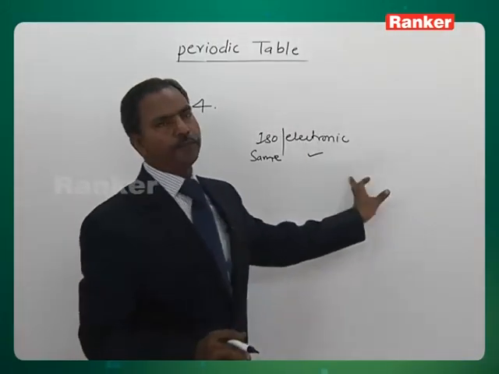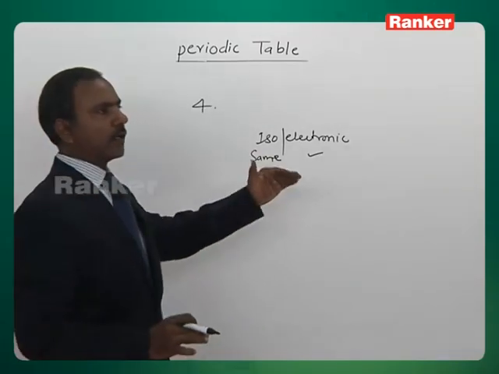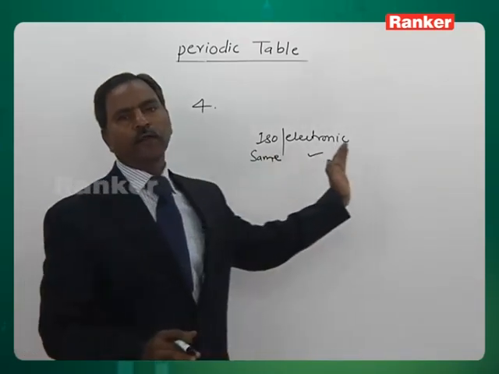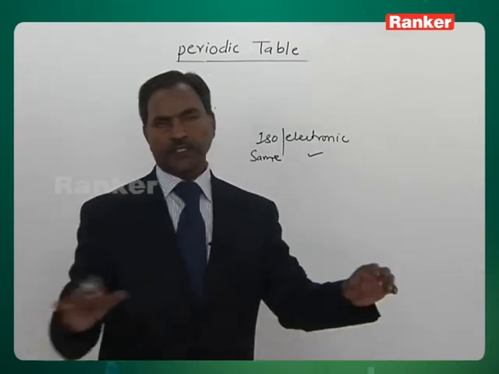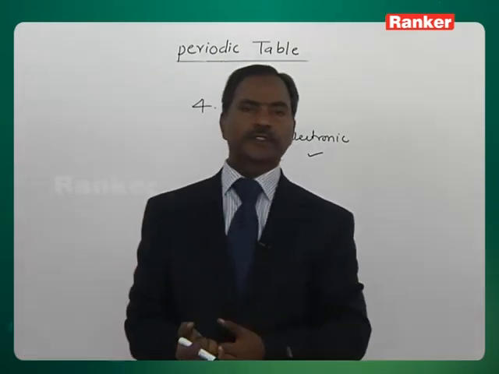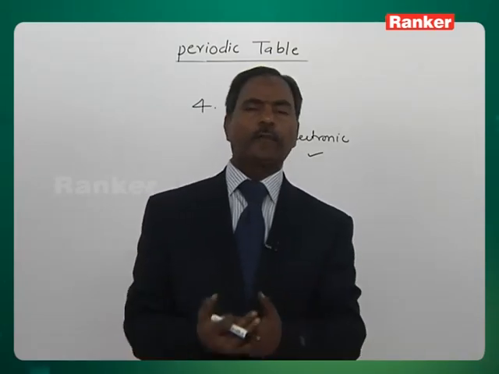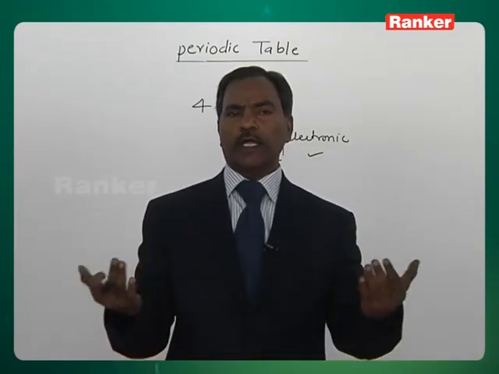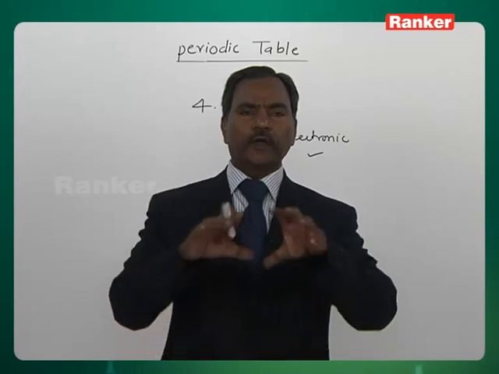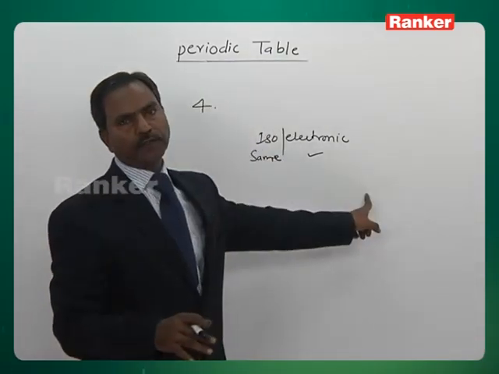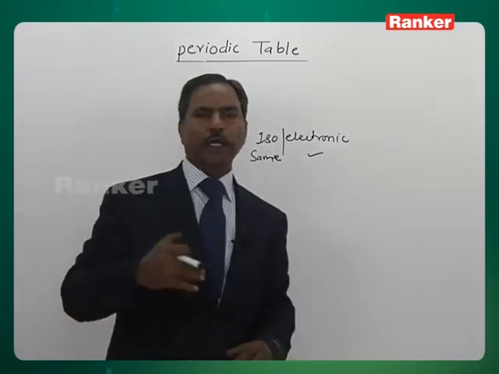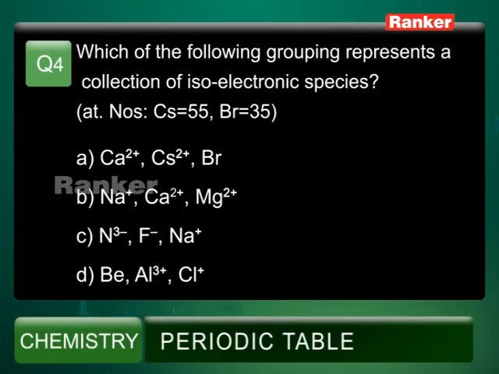Species having the same electronic configuration we call isoelectronic species. It may be a pair of ions, or more than 2 or 3. Whichever carry the same number of electrons, their configuration will be the same. They are known as isoelectronic species. Let us see the given options now.